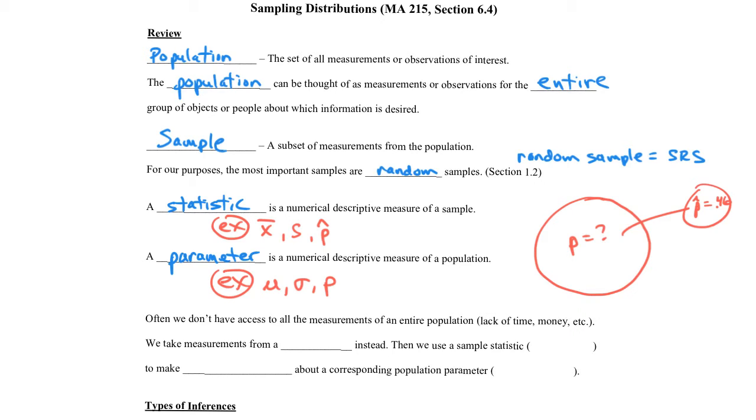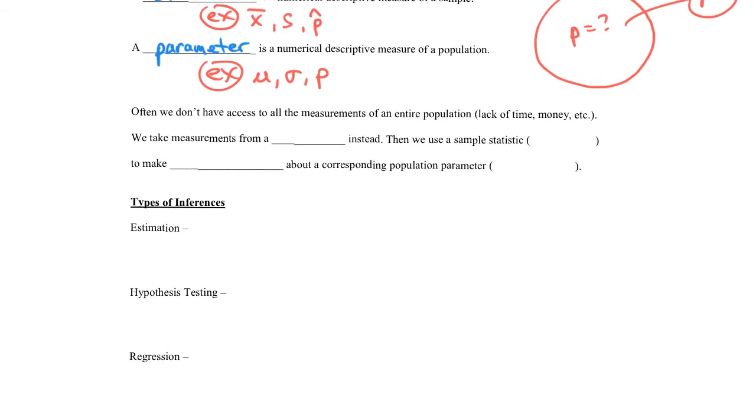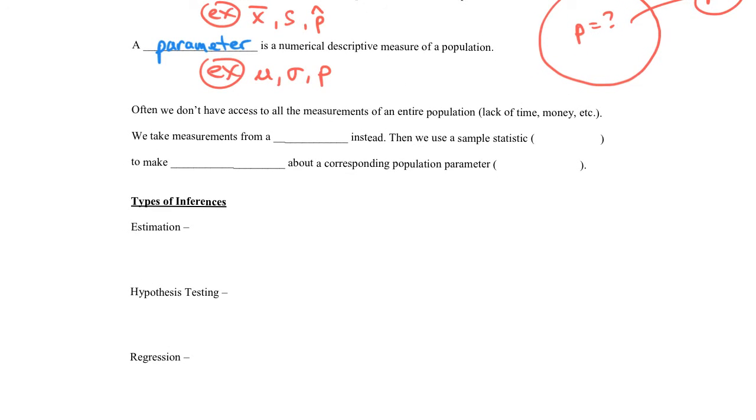So, all right, what else do we have here? Often we don't have access to all the measurements of the entire population, which we talked about earlier. So in that case, we take measurements from a sample instead.